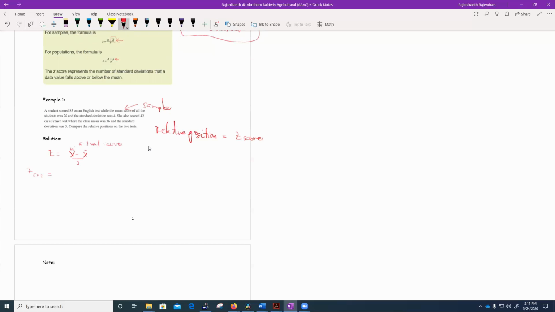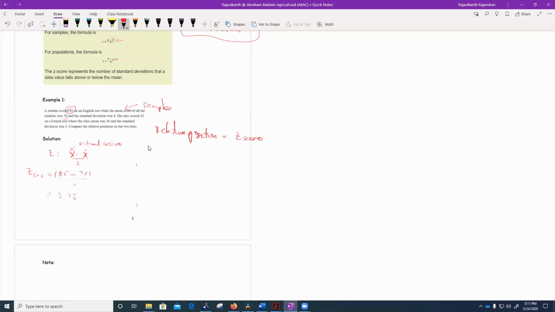The actual score for English for that particular person is 85. So I'm writing x as 85 and subtracting the mean for the English class, which was given as 76. Then I'm dividing this difference by the standard deviation, which is 4. Okay. So now take your calculator and simplify. If you simplify, you will get 9 over 4, which is 2.25. So that is the z-score for English.